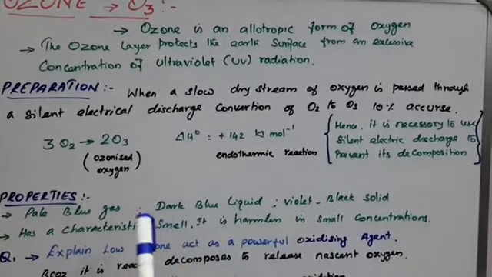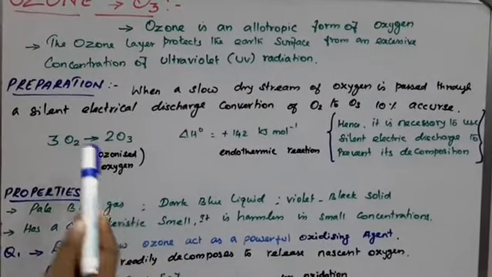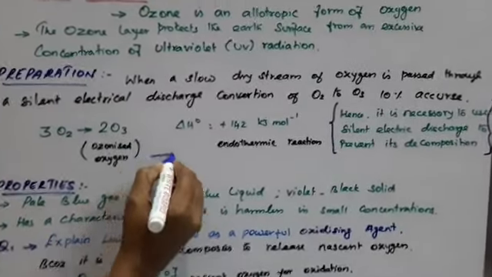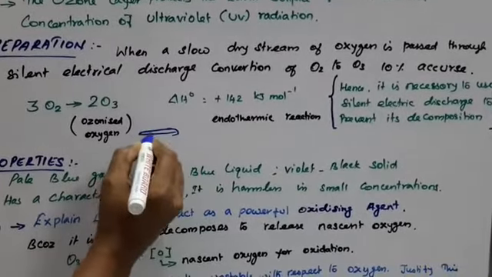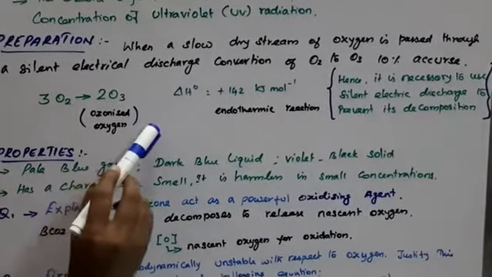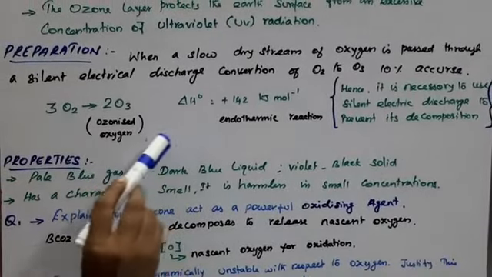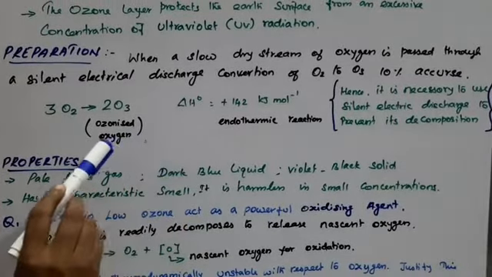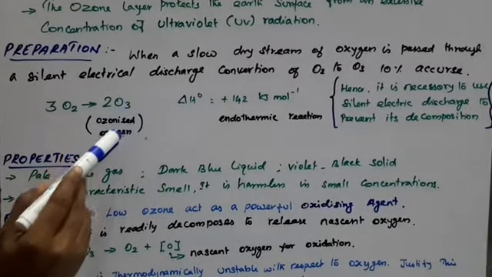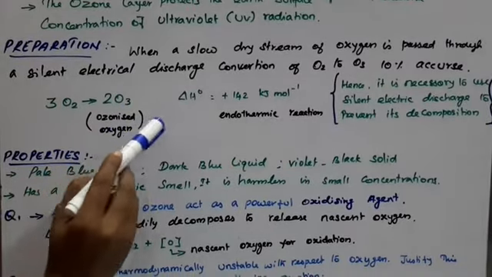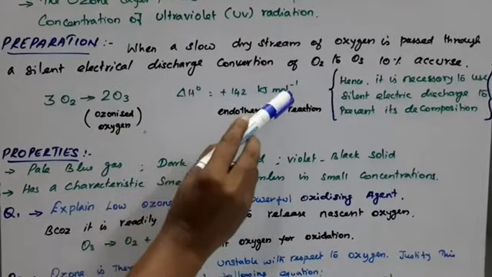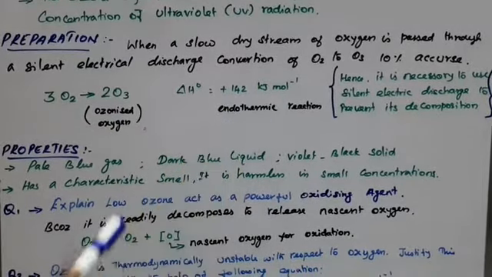The silent electrical discharge is a tube-like apparatus. Here the slow dry stream of oxygen is continuously passing, and at that time the oxygen is converted to produce ozone, ozonized oxygen. The enthalpy change is plus 142 kilojoule per mole, so this is an endothermic reaction.